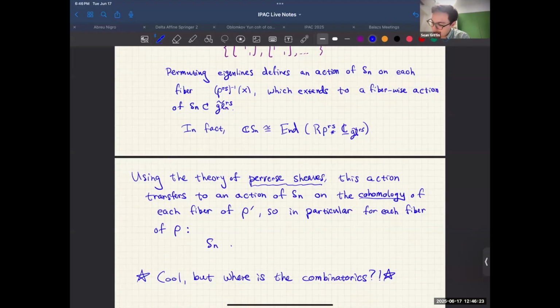So Sn acts on the cohomology of the fiber over each nilpotent, which in alternate language is the cohomology of the Springer fiber corresponding to N.